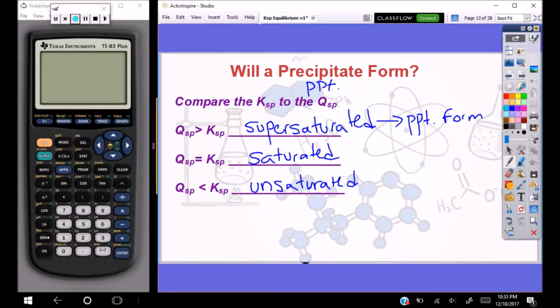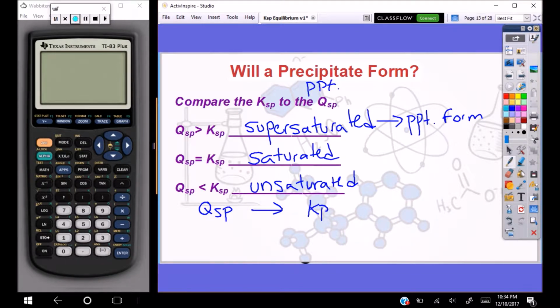Okay. A nifty little trick I learned recently actually helps me determine the shift. If we look at our Q versus our KSP, so in this one it is greater, we know precipitate will form, so it will shift that way.